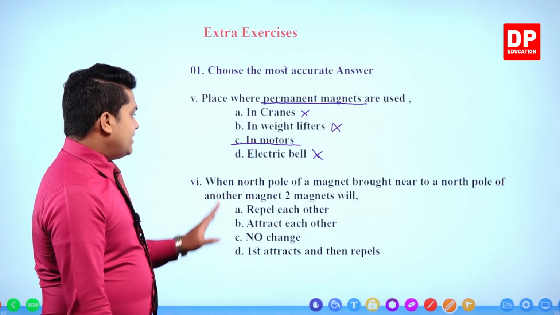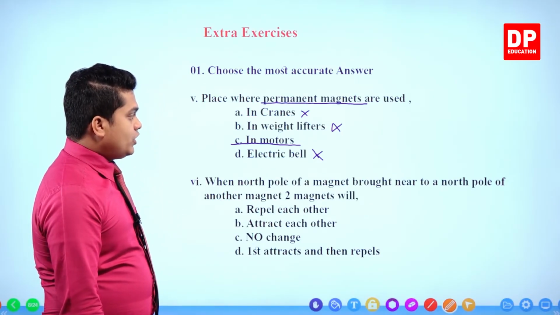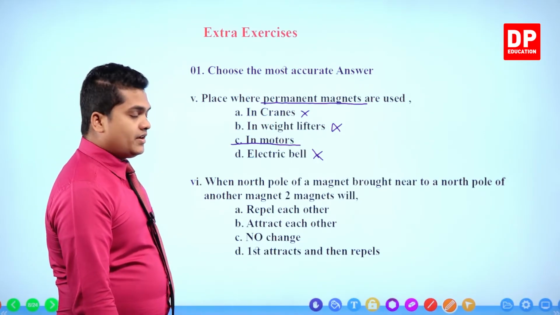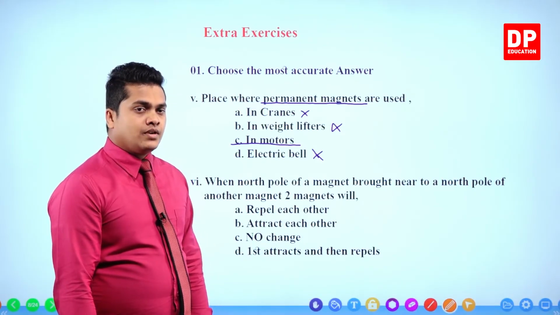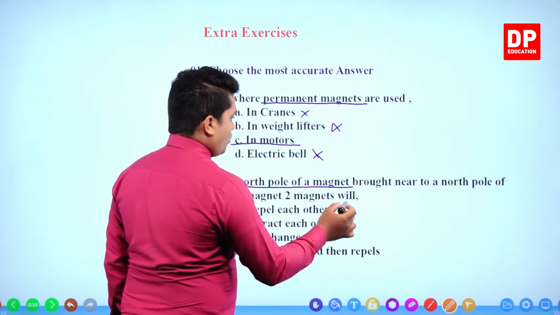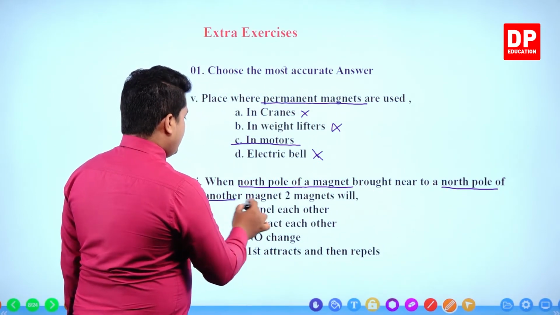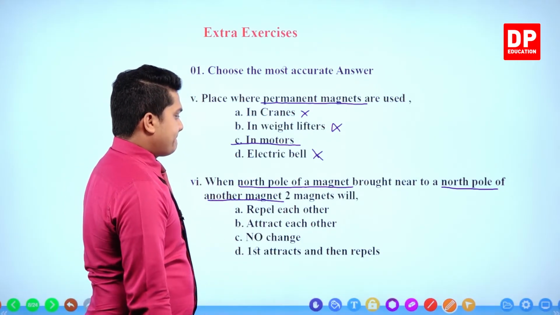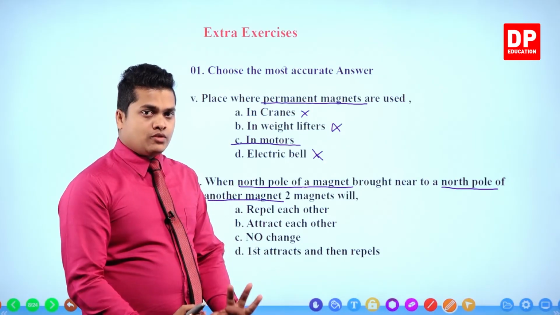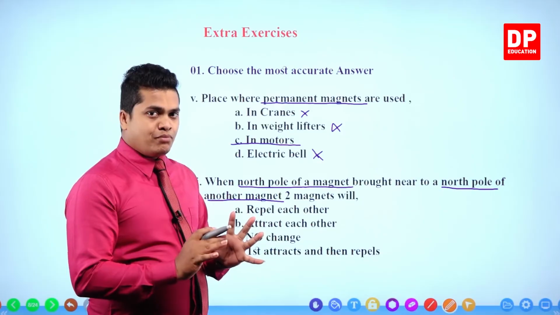Next one. When the north pole of a magnet is brought near to the north pole of another magnet, the two magnets will... So north pole, north pole means those are like poles.